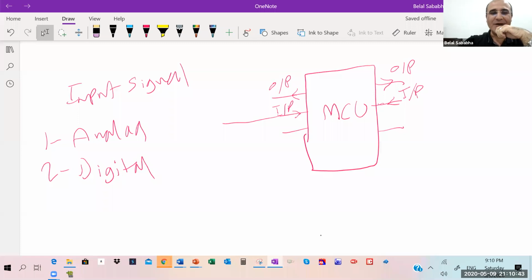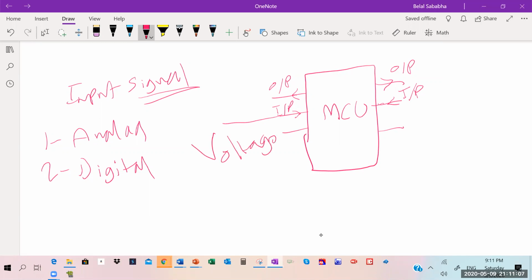Now, what is the signal we're talking about in electrical nature? Are we talking about voltage? Are we talking about current? Voltage. We're talking about voltage, okay?